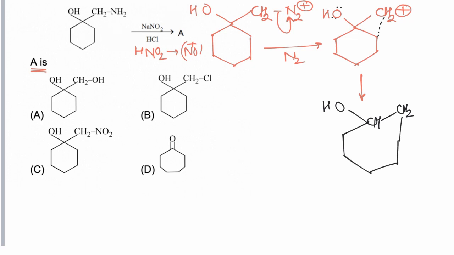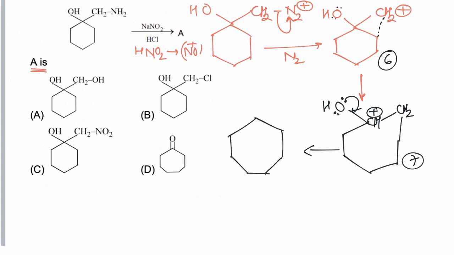Now ring will be expanded from 6 membered to 7 membered. Now this carbocation is stabilized by alpha effect. So in this case ring expansion takes place, because after ring expansion alpha effect is applicable. So now ring is converted to 7 membered.